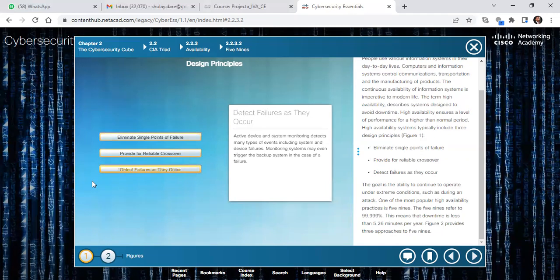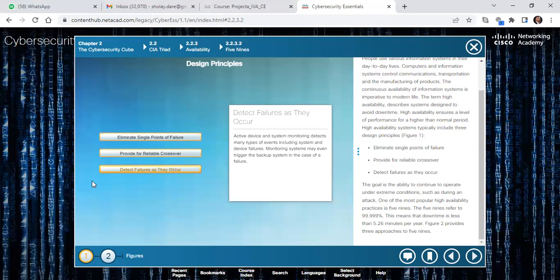One of the most popular high availability practices is 5 nines. The 5 nines refer to 99.999%. This means that downtime is less than 5.26 minutes per year.